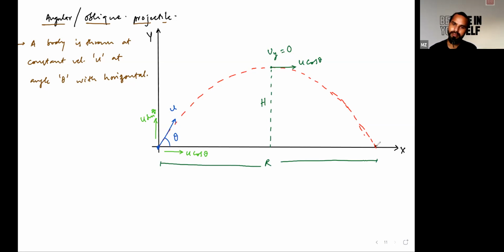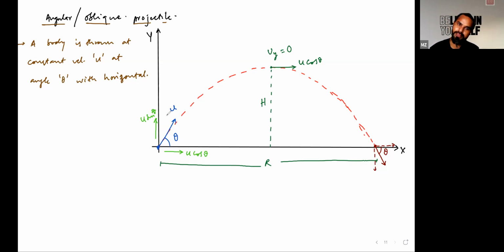Now there is one more relation. Suppose this object hits the ground along this direction, so it will further have two different components. At the point of projection, the angle is theta, so on hitting the ground it will remain the same as theta. As we have discussed in free fall, at the same horizontal level the velocity of the object would be equal.